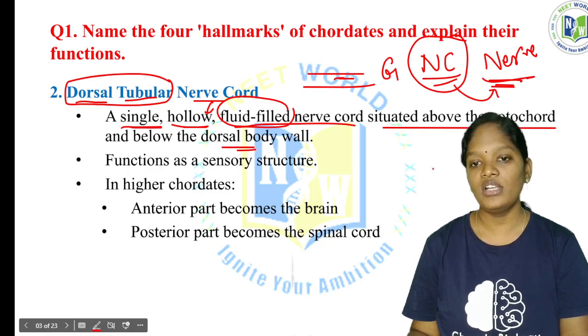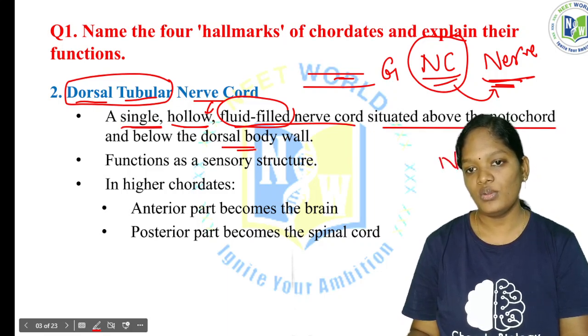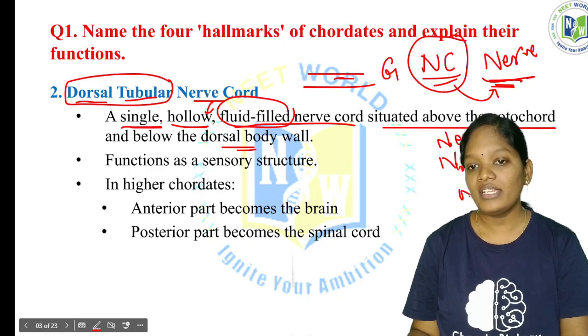Regarding the nerve cord location, this is the nerve cord and this is the notochord, don't get confused, and this is the gut. Between the gut and the nerve cord, the notochord is present.